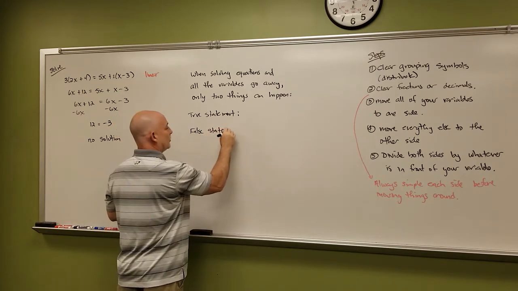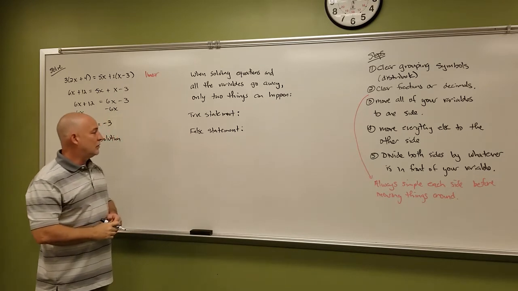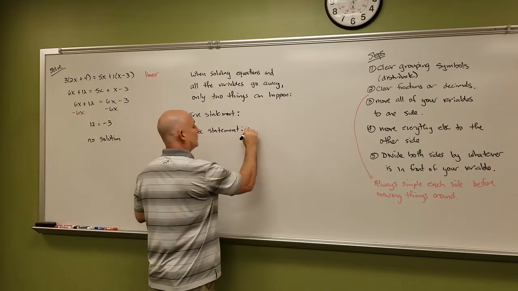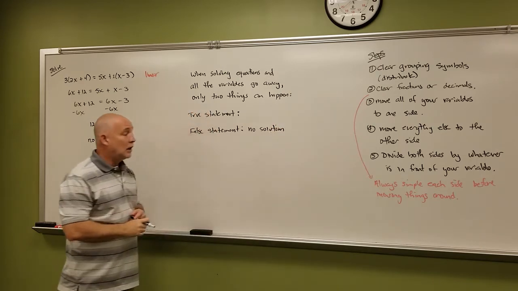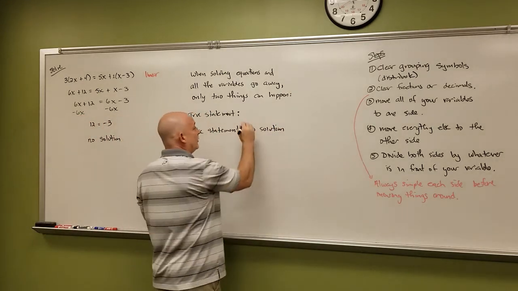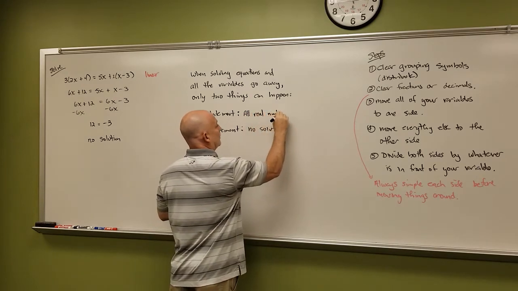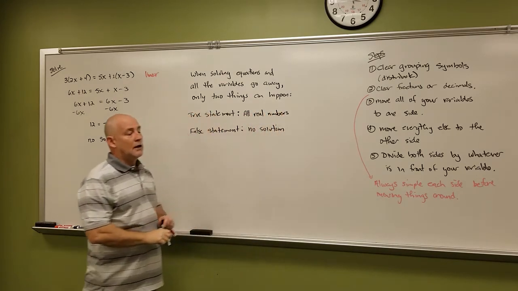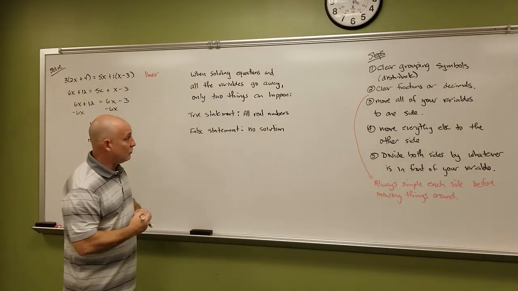Now, depending on which one of these you get is how you answer the question. Now, we saw a false statement was no solution, and our true statement, we said all the numbers work, so we're going to say all real numbers. Now, a lot of times here you'll see symbols used for these, and you're welcome to use them if you want.